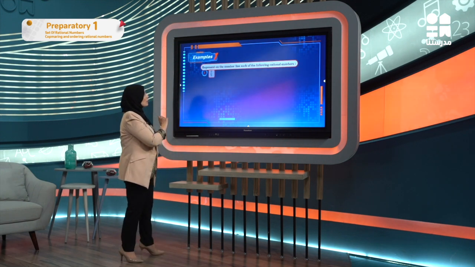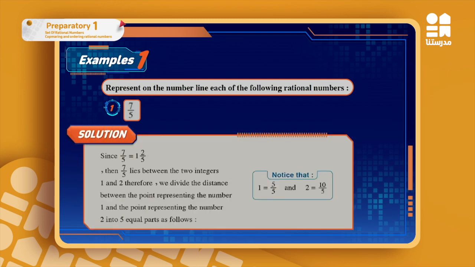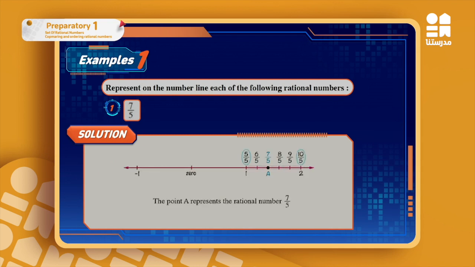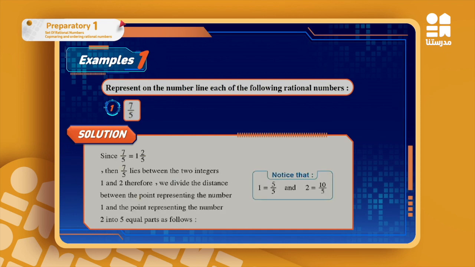Example 1. Represent on the number line each of the following rational numbers. How can we represent 7 over 5? 7/5, I can simplify it to be 1 and 2/5. How do we know that? By long division, 7 divided by 5 is 1, remainder 2.